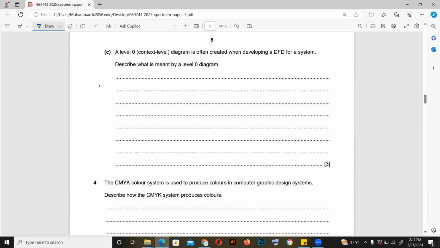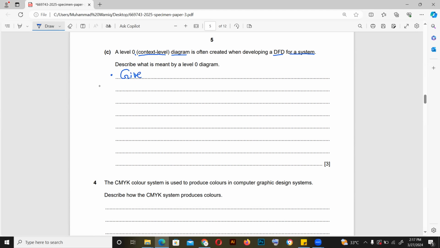Now I have the C part. The C part says that a level 0 context level diagram is often created when developing a DFD for a system. Describe what is meant by a level 0 diagram. A level 0 diagram is the one that basically gives you an overview of the whole or the entire system.